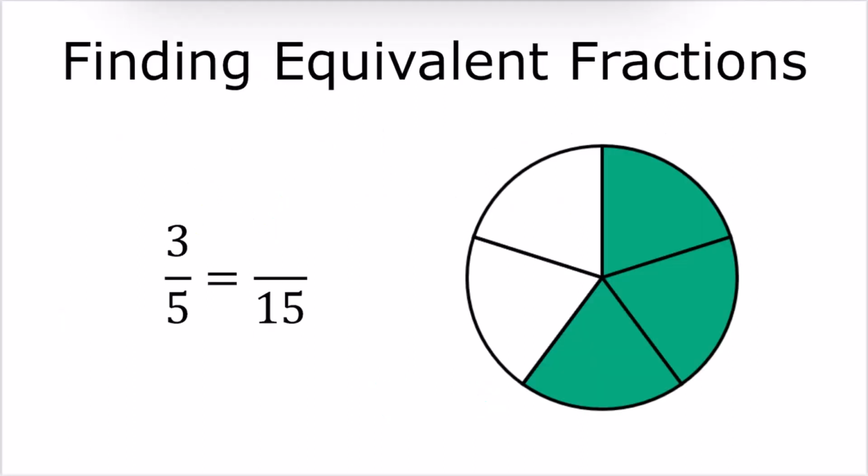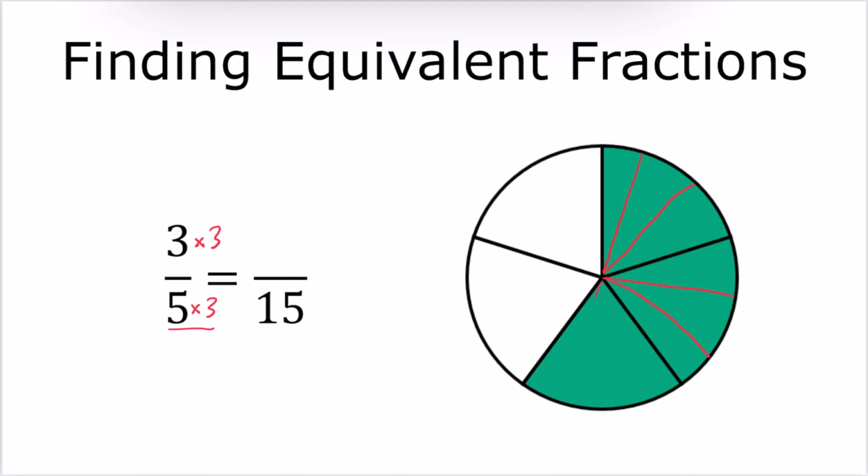And the reason why this works this way is because let's say I had the fraction 3/5 and I wanted to find an equivalent fraction that had a denominator of 15. Well, I could multiply the top and the bottom of my fraction by 3. If I multiply the denominator by 3, that basically means that I'm tripling the number of pieces that my whole is split up into.